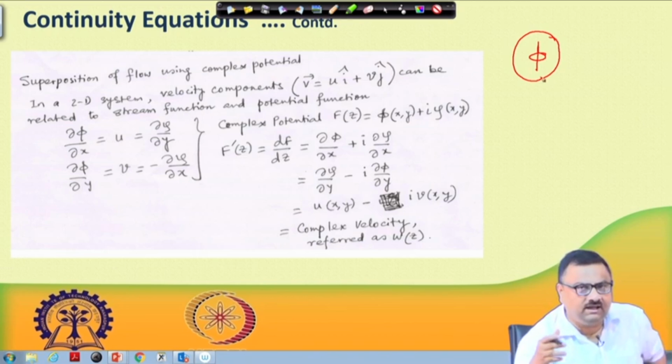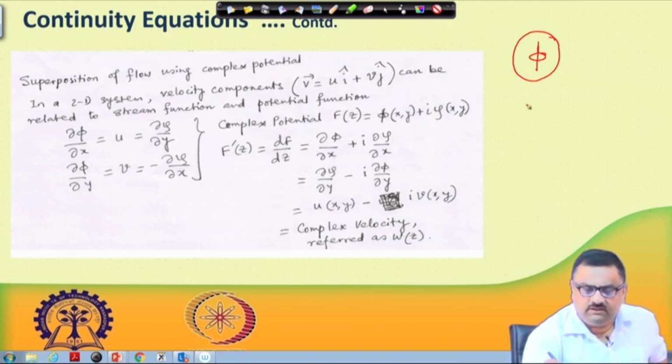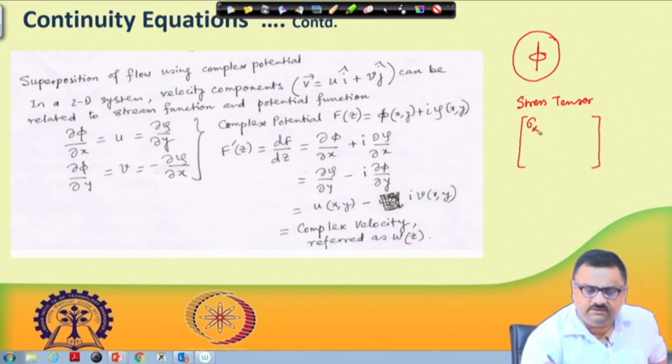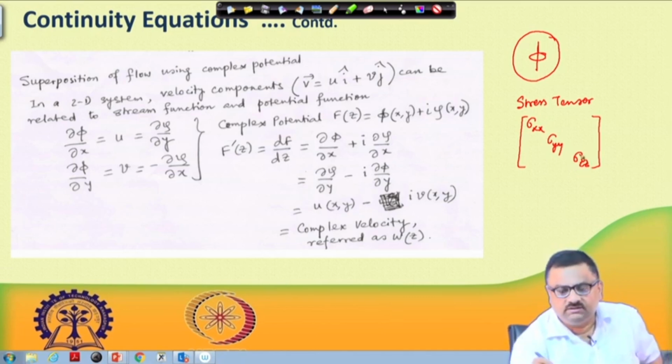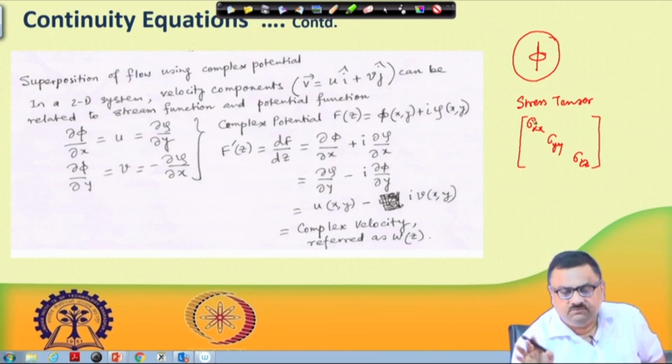If you look at the definition of the stress tensor, at a point in the stress field you can generate the stress tensor, and the diagonal terms, which are sigma xx, sigma yy, sigma zz, are the normal components. If you take the minus of the average of these diagonal terms, that is defined as pressure.